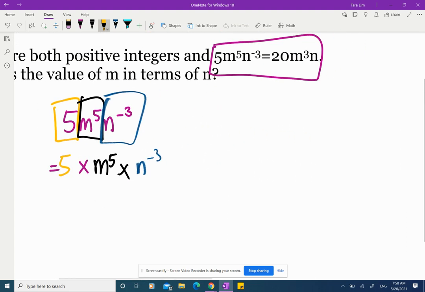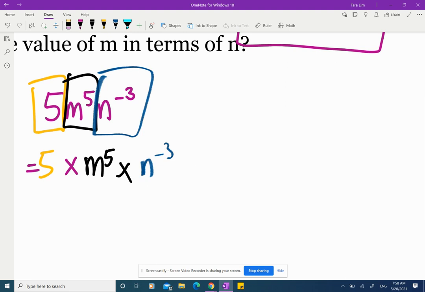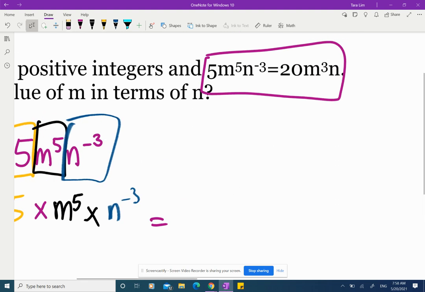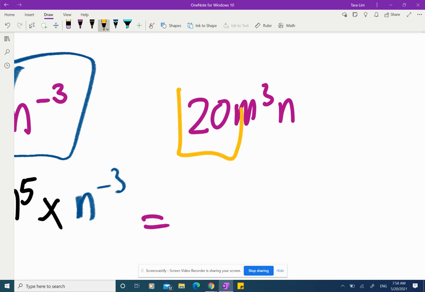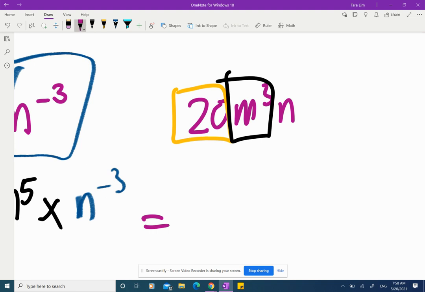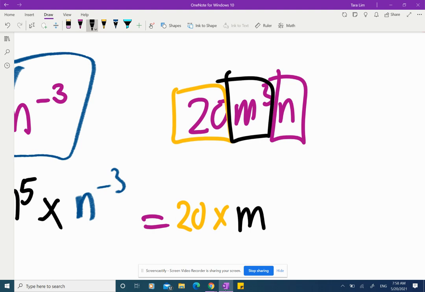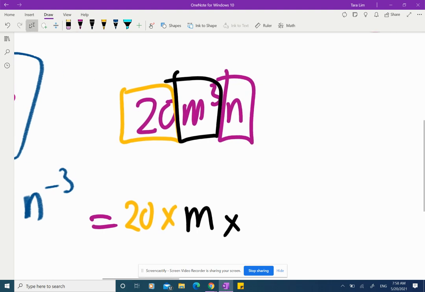So that is going to be equal to 20m to the power 3 and n, again this means times, so 20 is a number, m is a totally different thing, as well as n. So 20 times m to the power 3 times n.